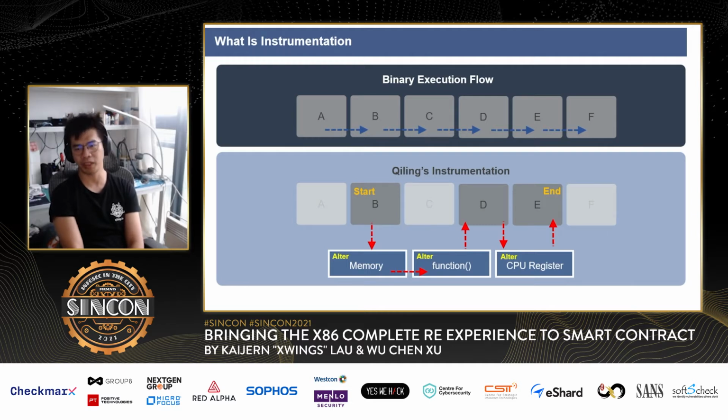You try to update the function; everything is possible over here. So this is instrumentation: change the execution method of the executable file, try to change the binary flow, and update or alter memory, functions, CPU registers, or whatever you want to do along the way.